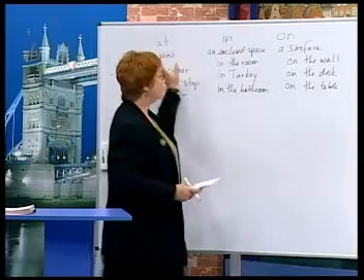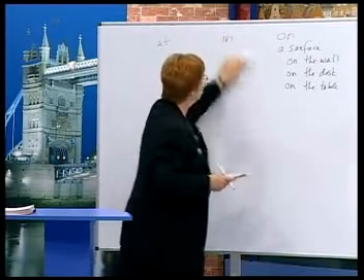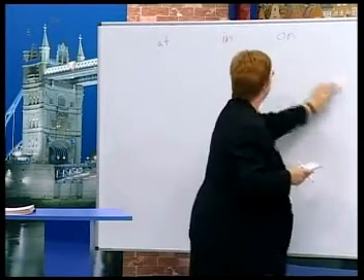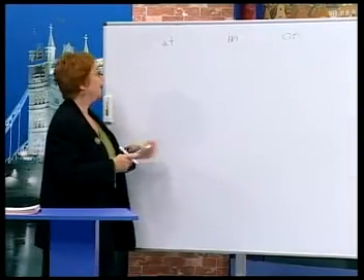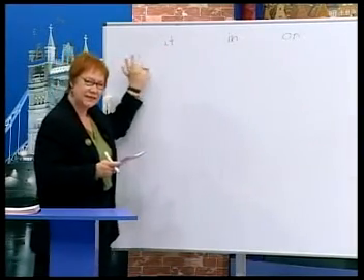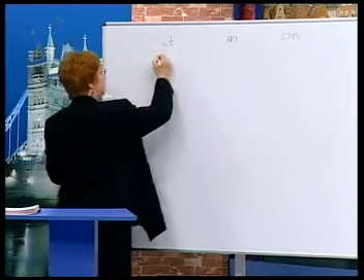Now, we use these with transportation words. Okay, now, let me show you some examples that are more specific. Okay, now remember, at is a specific place. So here are some examples.